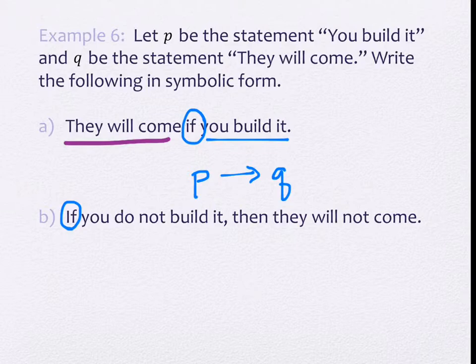That is tilde P. You build it as P, so tilde P would be you don't build it. And then what comes next is actually an arrow. And then it says, they will not come. Tilde Q. That's right. The absolute opposite of what Q was saying. They will not come.